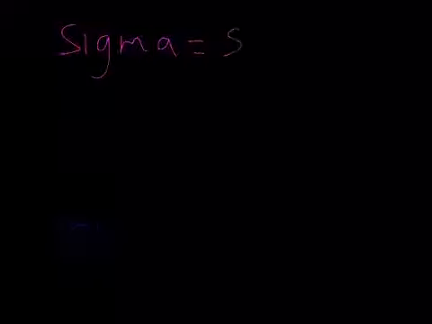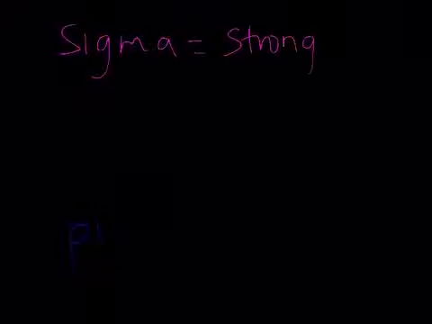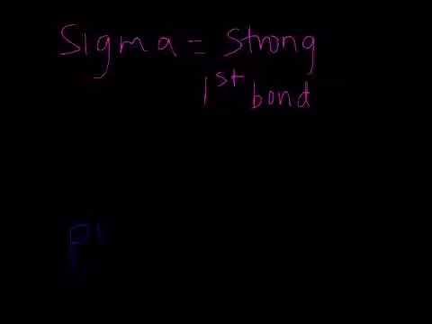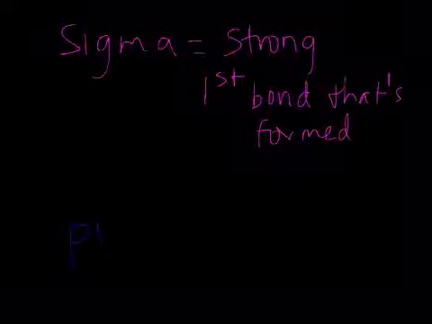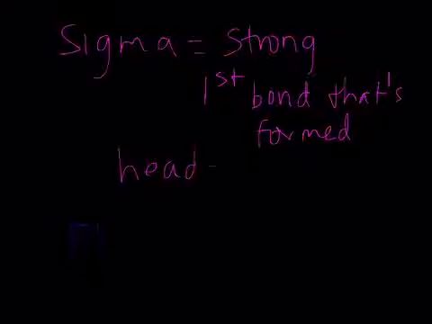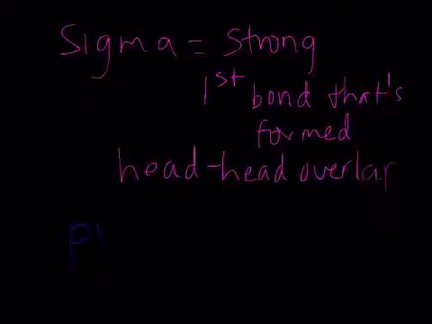There are two big types of bonds. There's a sigma bond, and then there's a pi bond. A sigma bond is stronger, and it's the first bond that's formed. A sigma bond is formed by head-to-head overlap of those orbitals.